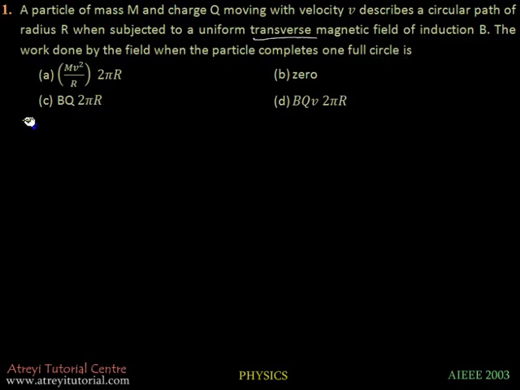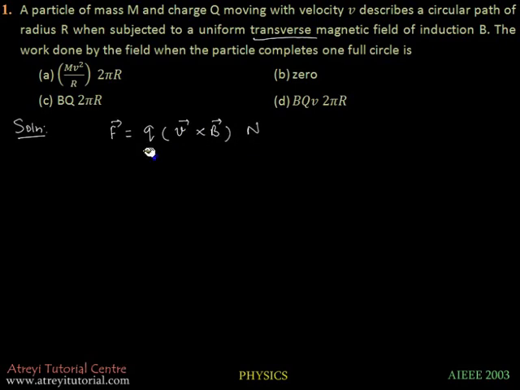Let's do it. The force by the magnetic field on the moving charged particle is given by F equal to q multiplied by v cross B. Charge multiplied by the cross product of the velocity vector and the B vector, the magnetic field.